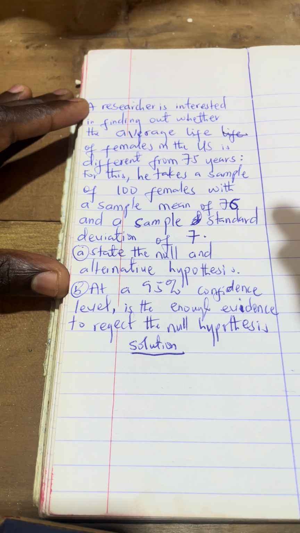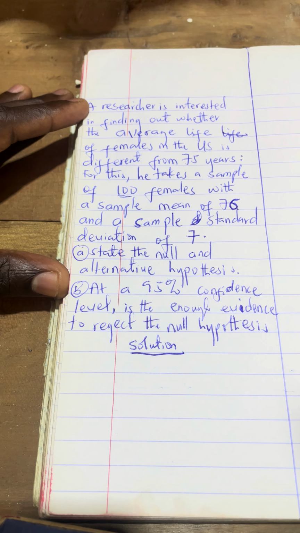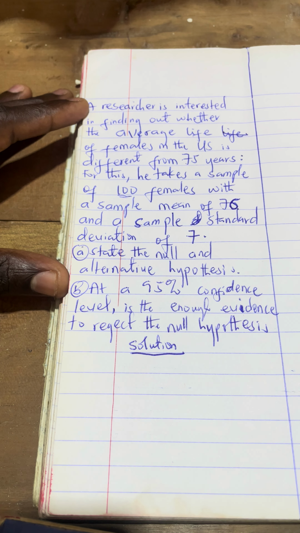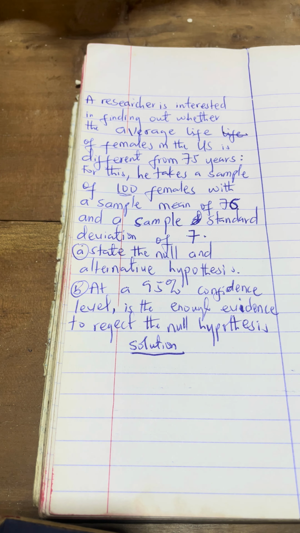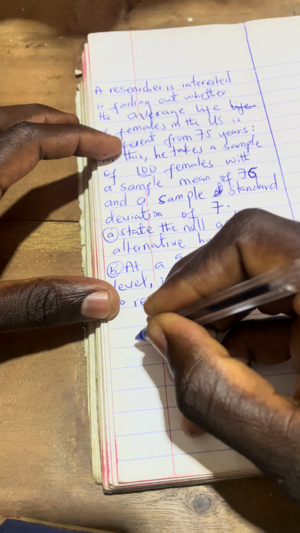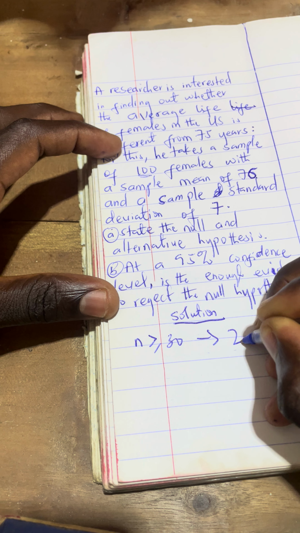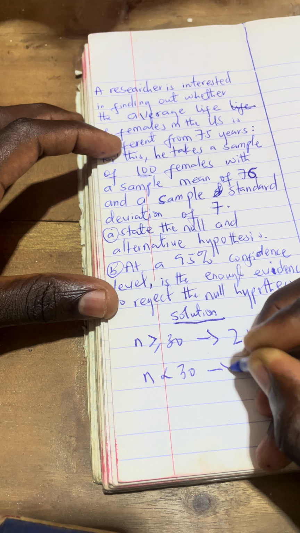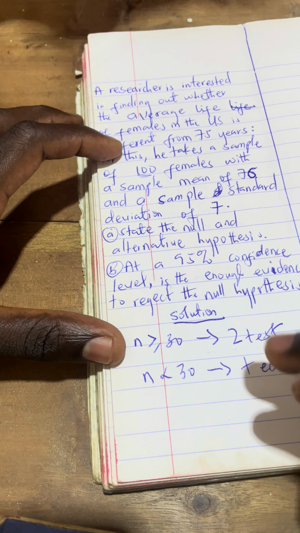For you to know which of these to use, you have to first consider the N. When N, according to hypothesis, we say when the sample size is greater than or equal to 30, we use the Z test. And when N is less than 30, we use the T test. So keep this one in mind.